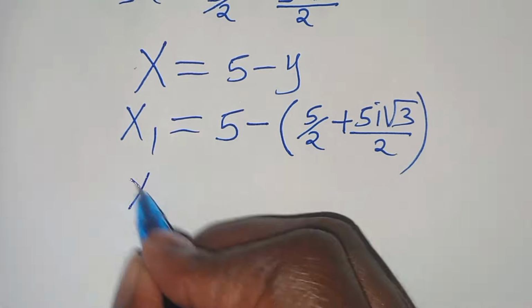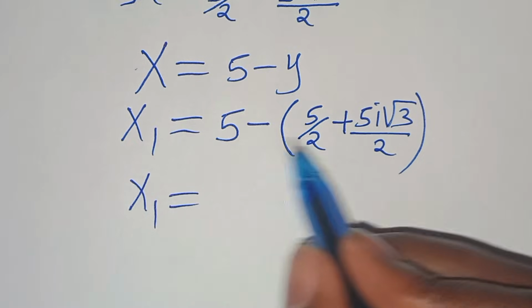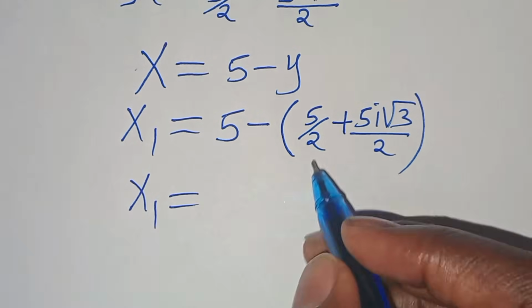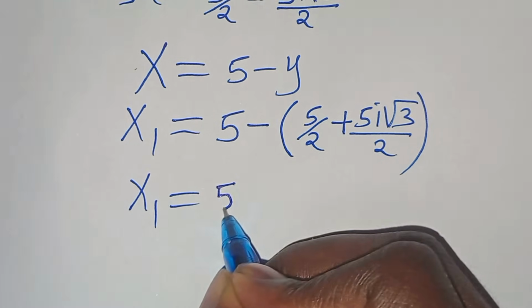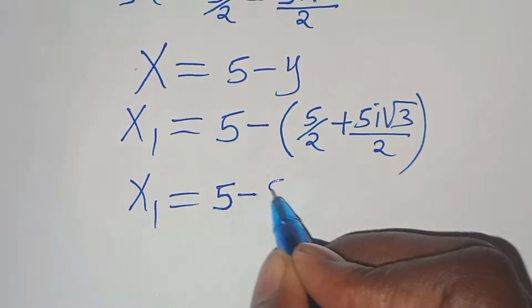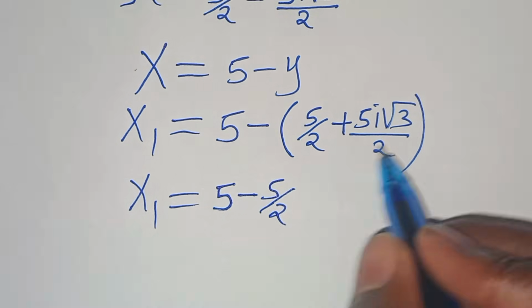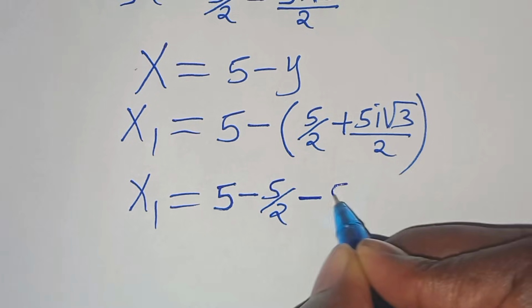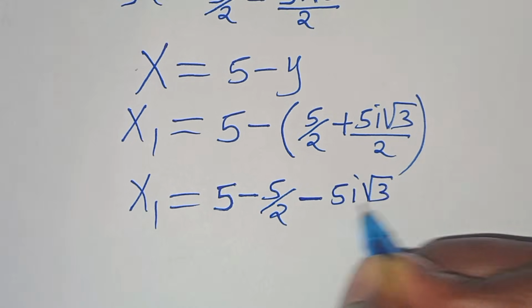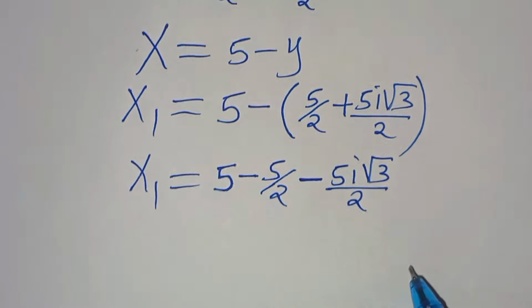So this means that x1 is equal to 5 minus 5 over 2 minus 5i square root of 3 over 2. This becomes minus 5i square root of 3 over 2.